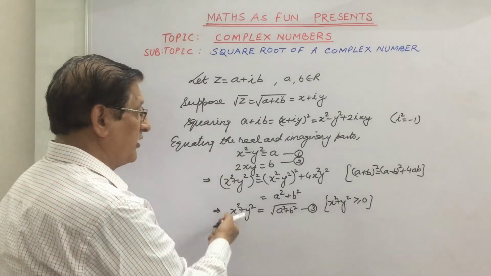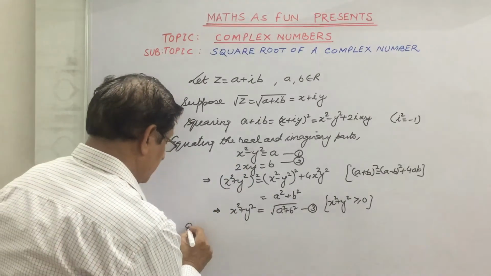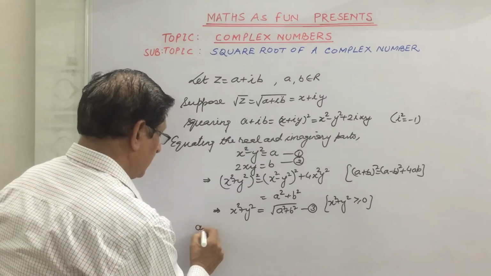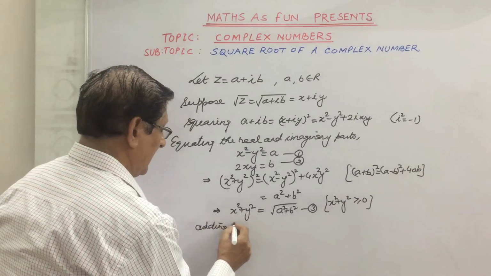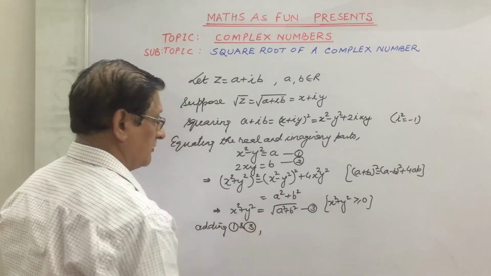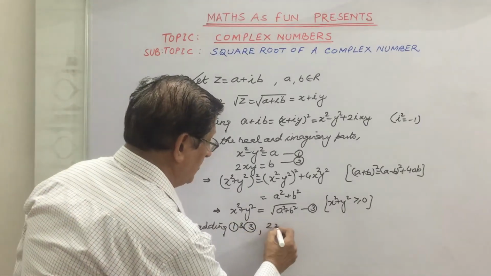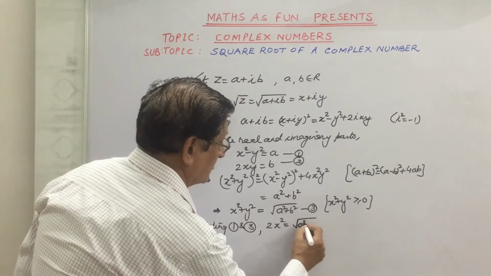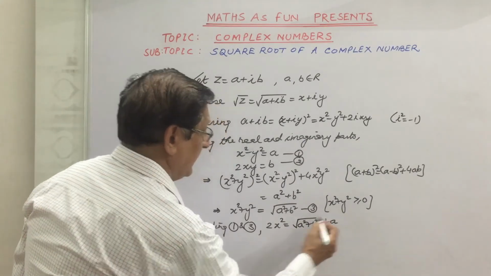Now if we add 1 and 3, we will have 2x square is equal to root of a square plus b square plus a.